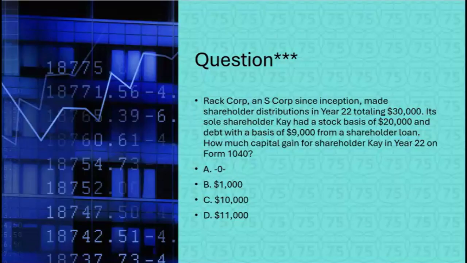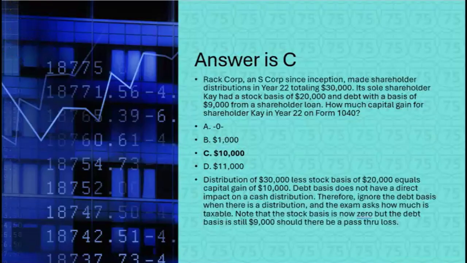All right, let's try this. RAC Corp, an S Corp since inception, made shareholder distributions in year 22 totaling $30,000. Its sole shareholder, K, had a stock basis of $20,000 and debt with a basis of $9,000 from a shareholder loan. How much capital gain for shareholder K in year 22 on Form 1040? And the answer is C, $10,000.